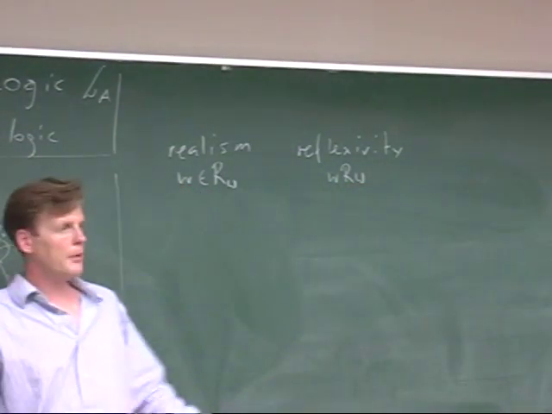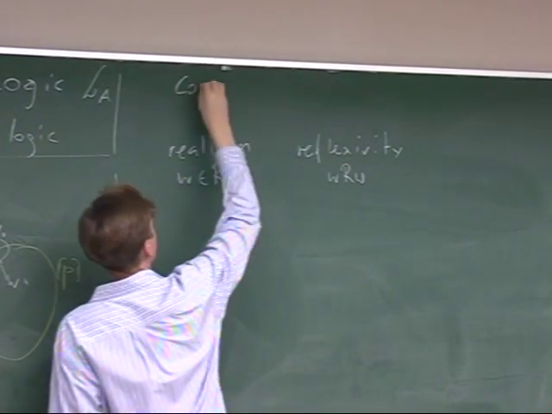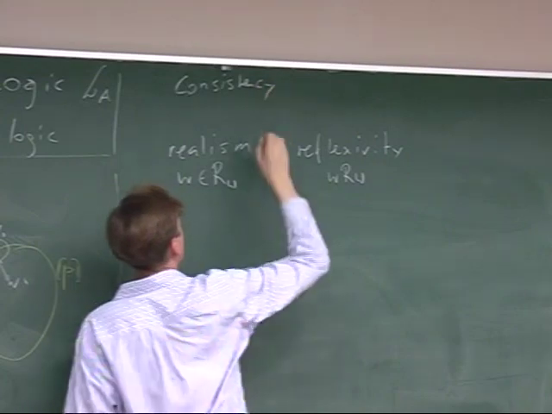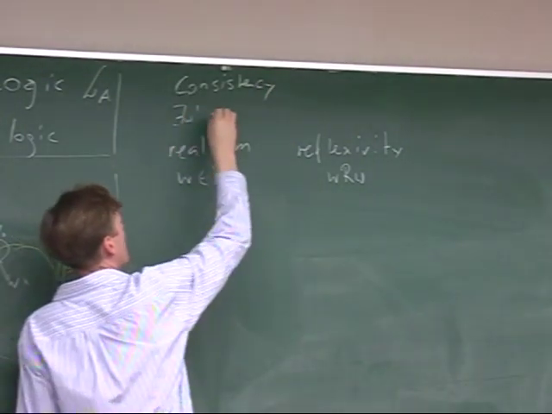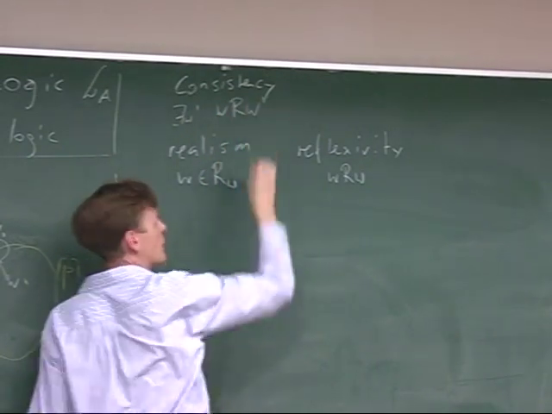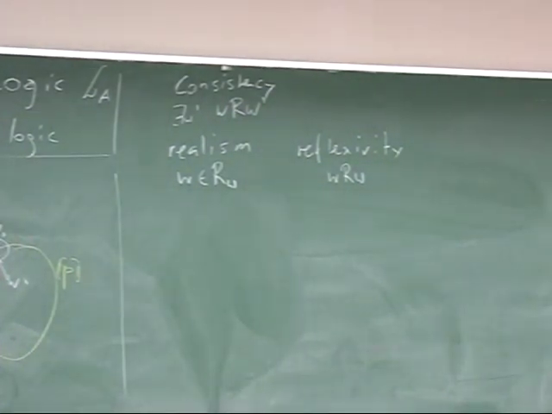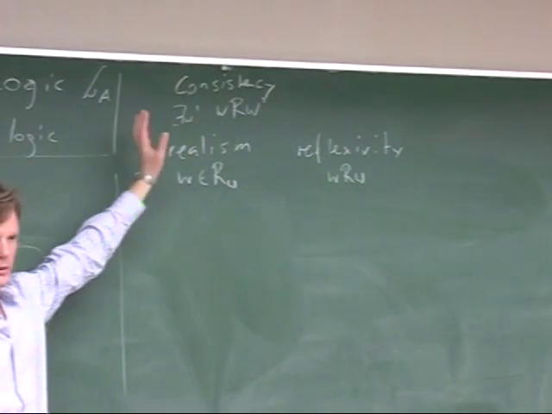And what I said above about serial relations, so we have consistency. There is some W prime such that you get there from R. If that is guaranteed to be the case for all worlds, then you have a consistent modal base.